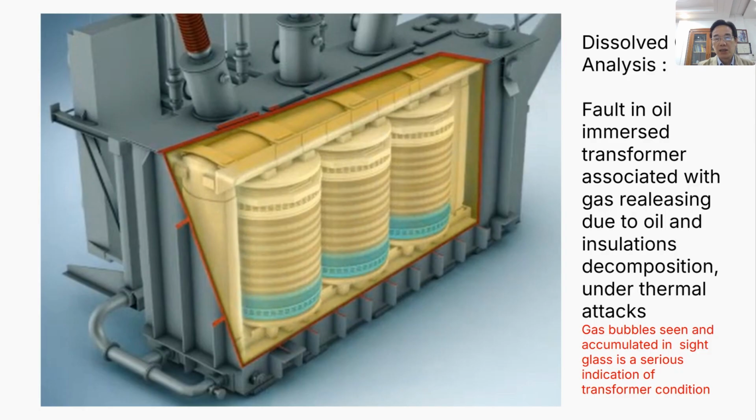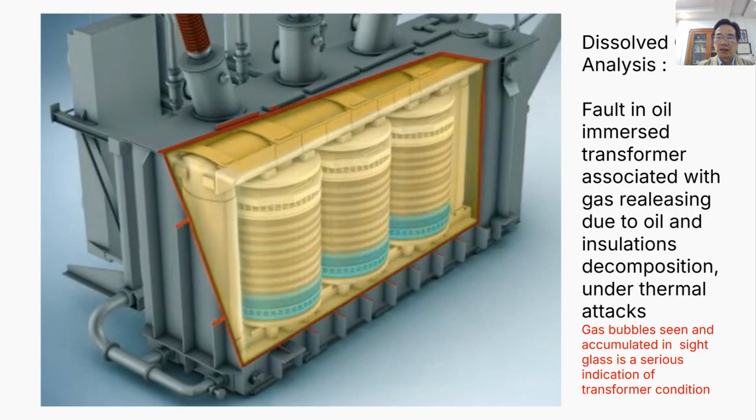For transformers, the DGA is a very important method to have information inside the transformer. So, what is the DGA? Why and how do we do that?